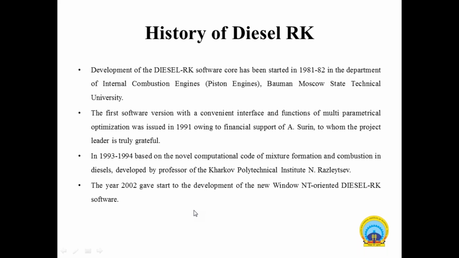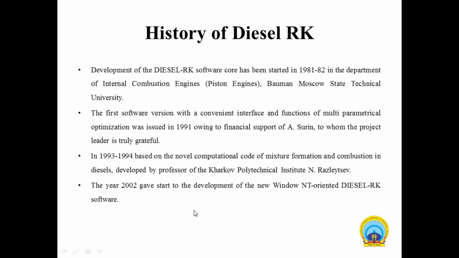So the Diesel RK software core was started in 1981 to 82, in the Department of IC Engines at the Moscow State Technical University. From its very beginning, the software was devised as a tool for optimization, research, and other purposes also.